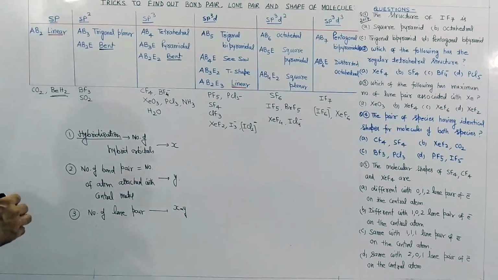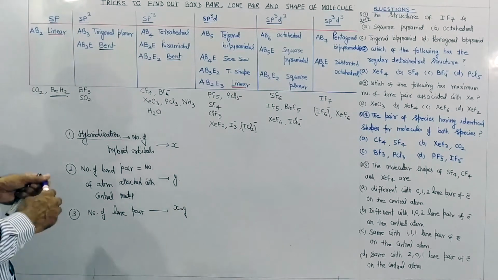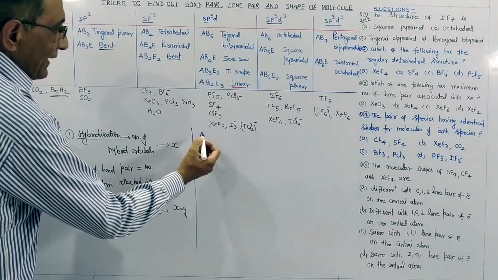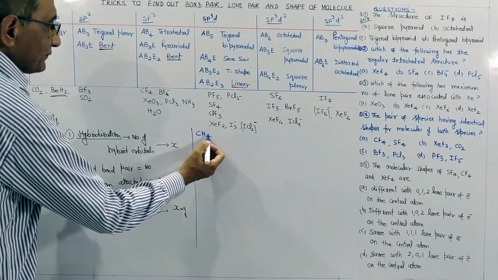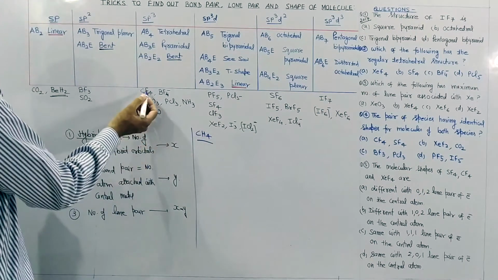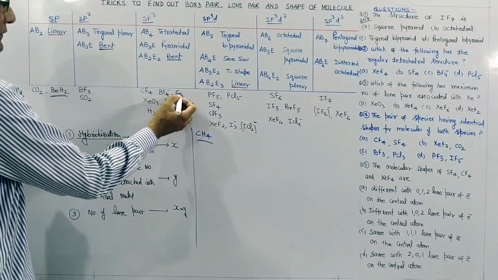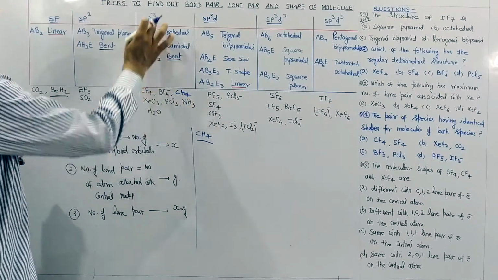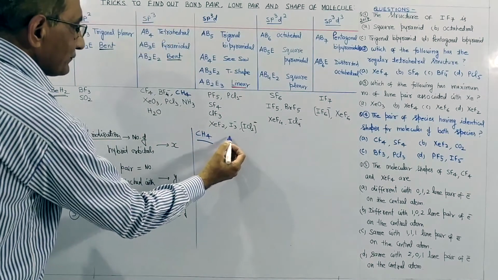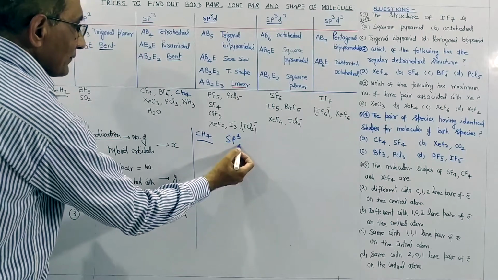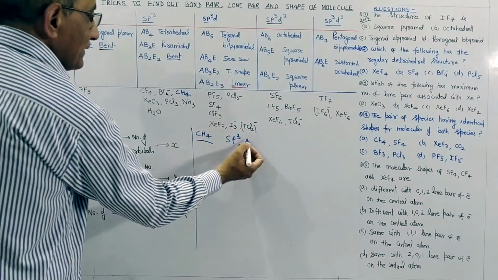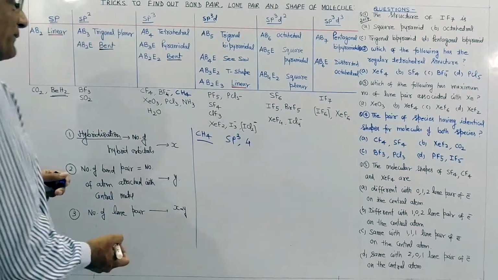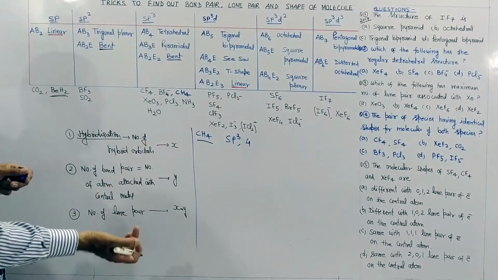Now we will take some examples here. Suppose we are talking about CH4. In CH4, CF4, hybridization is sp3. It means the hybrid orbitals are 1s and 3p. The number of hybrid orbitals is 4. So the value of x is 4 here.